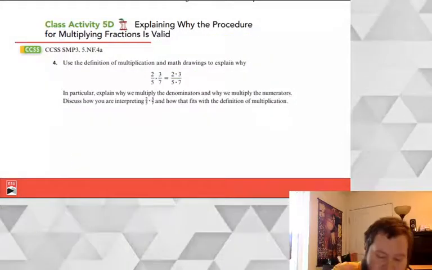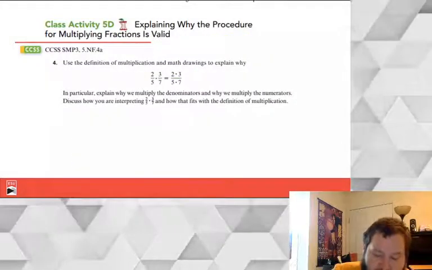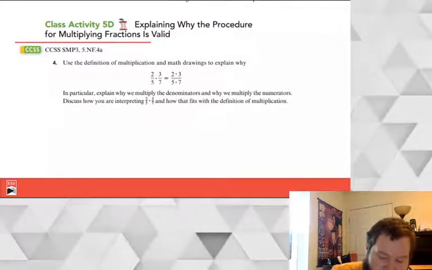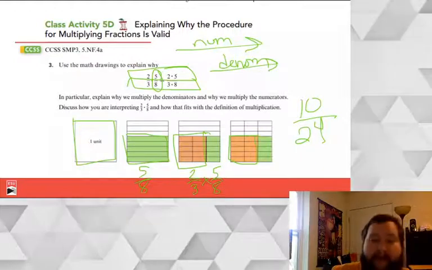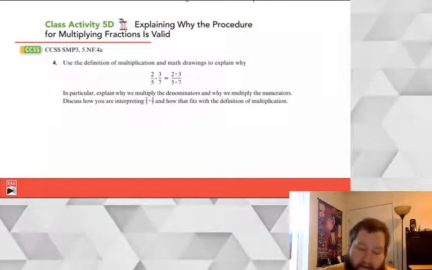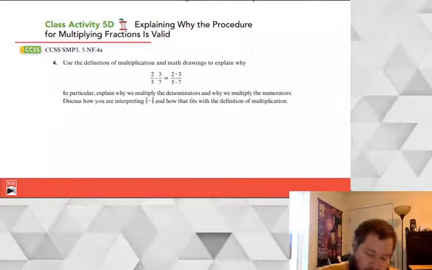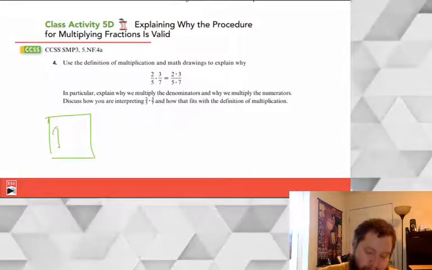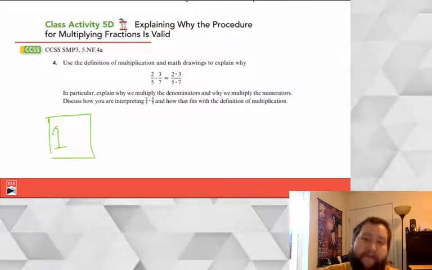And so now it says, use the definition of multiplication and math drawings to explain why 2/5 times 3/7, I wanted to make sure it wasn't the same, is 2 times 3 over 5 times 7. So always start with a whole. That's my 1. 2/5 of 3/7.